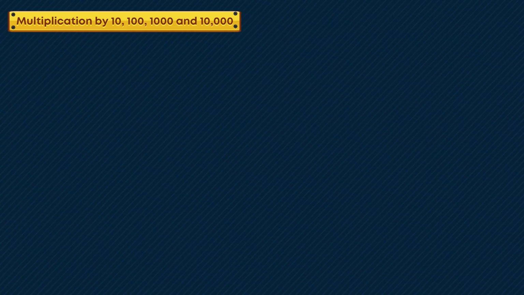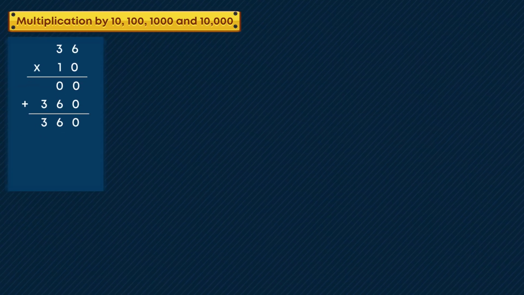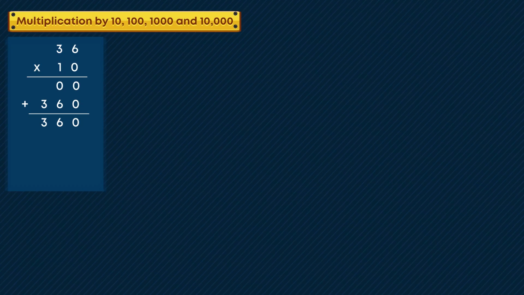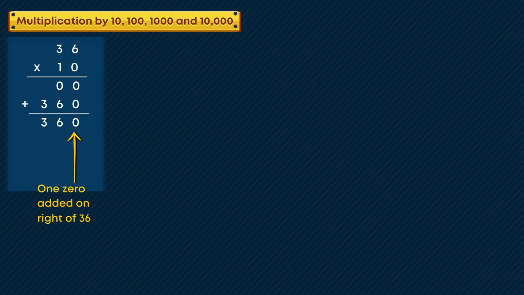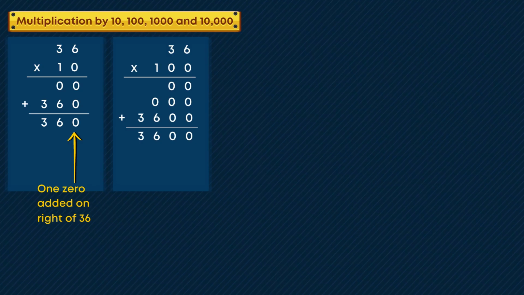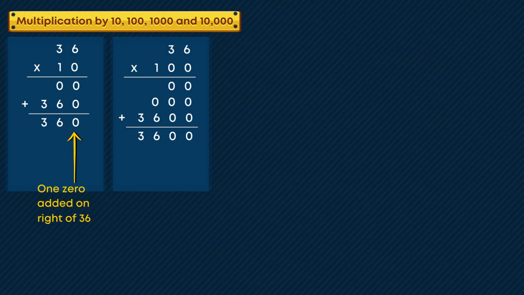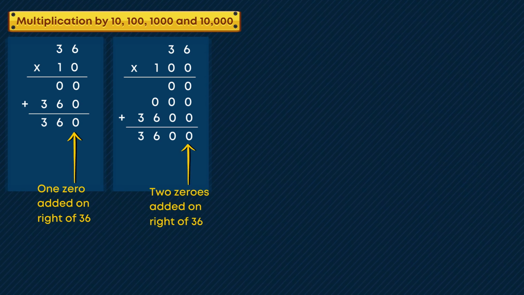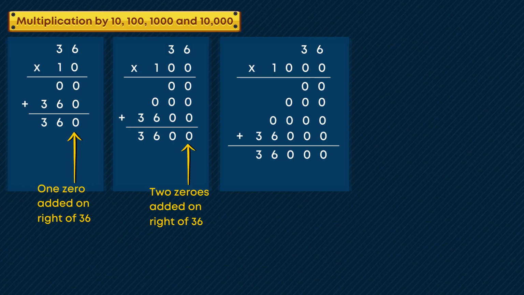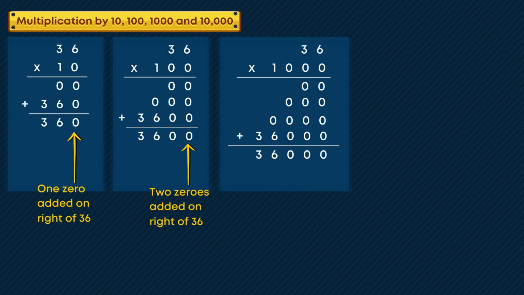Look at these products. 36 into 10 is equal to 360. 1 zero added on right of 36. 36 into 100 is equal to 3600. 2 zeros added on right of 36. 36 into 1000 is equal to 36,000. 3 zeros added on right of 36.